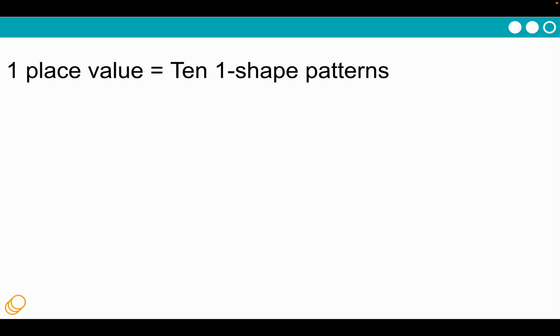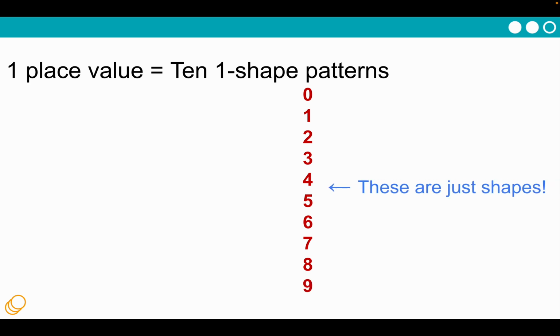If I'm in the ones place, I have 10 possible digits or 10 possible shapes that I could use to count. So I could start with this shape, 0, 1, 2, 3, 4, 5, 6, 7, 8, 9. Those are all the shapes or all the digits or all the numbers that I have to use in that first place value, in the ones place.